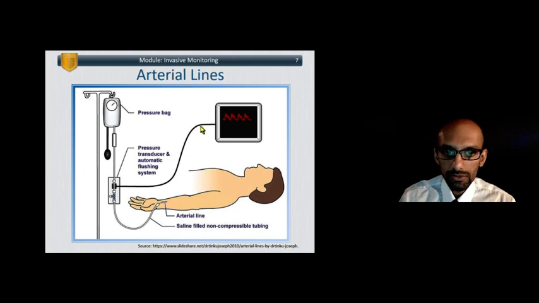And you all know this, the fluid-filled catheter systems basically have a pressure bag filled with saline and a contiguous column of fluid directly in continuity with the artery that you're monitoring. And therefore, the transducer diaphragm, which lives right here, essentially interprets this fluid column as basically an extension of your artery. For all intents and purposes, the transducer thinks this is directly the artery right here, because it's a contiguous column of fluid.